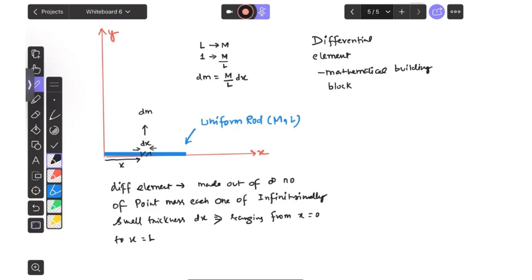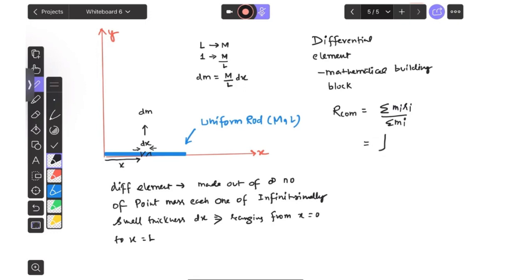So to find RCOM, it's going to be summation of each of the point masses mi ri by total mi. Instead of doing that summation, we'll be doing the integration.